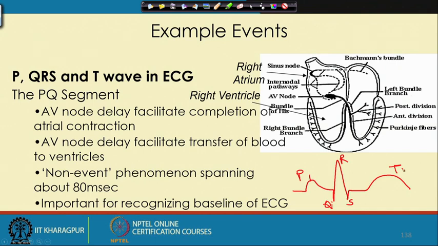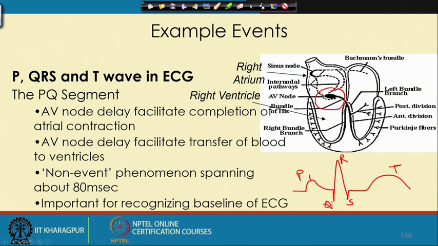In this period, as the contraction has happened for the atrium, the blood flows from the atrium to the ventricle, and here is a node called the AV node, which has a very interesting job. It acts as a register: it simply takes the signal and holds that signal for some time.